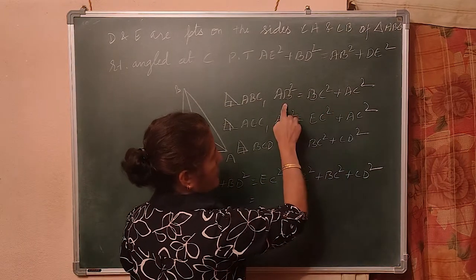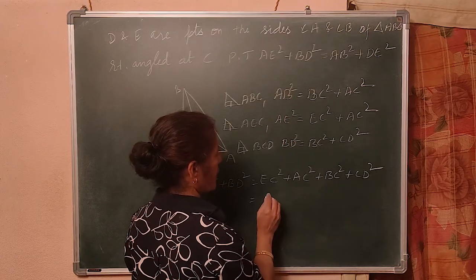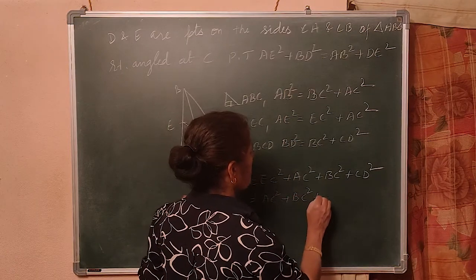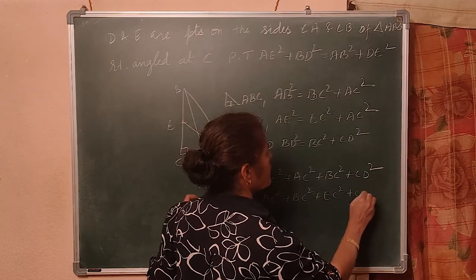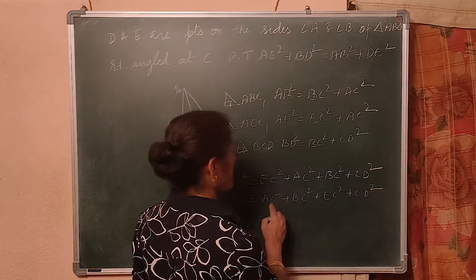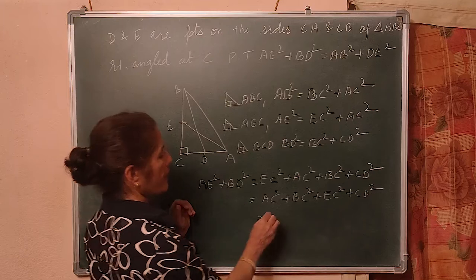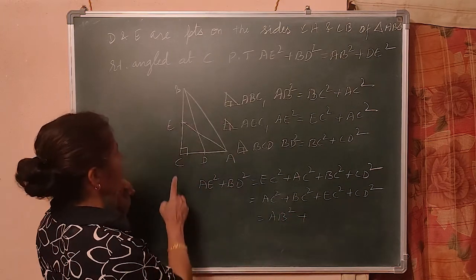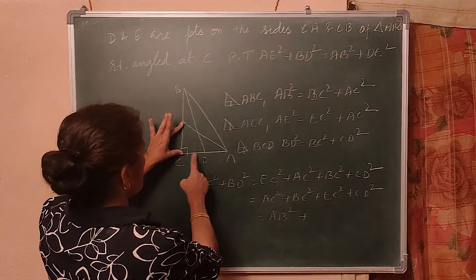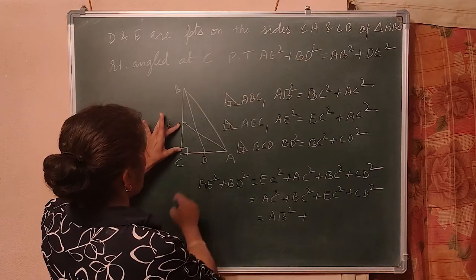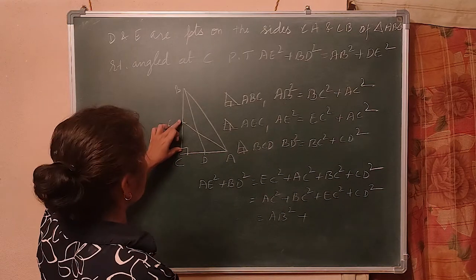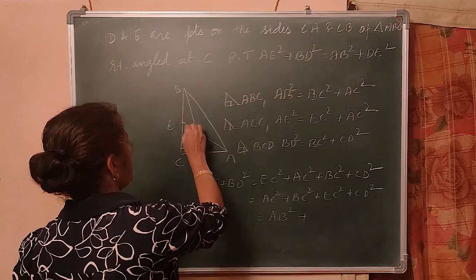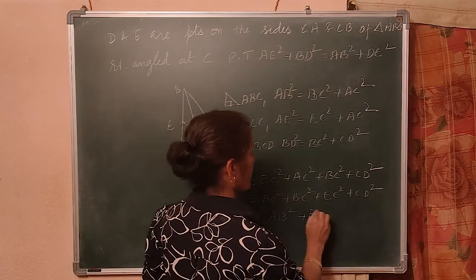AC square plus BC square is AB square, plus EC square plus CD square, which is equal to ED square.